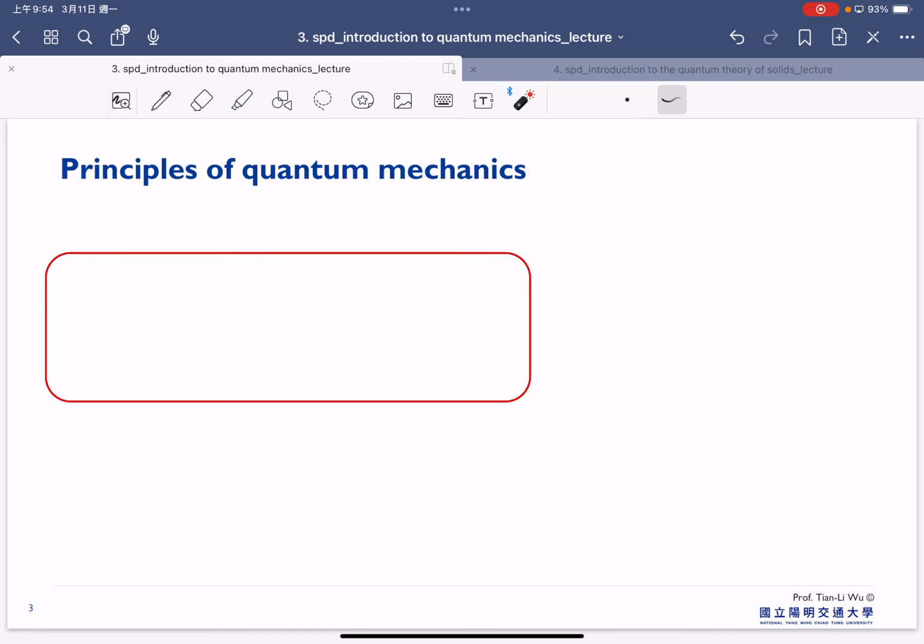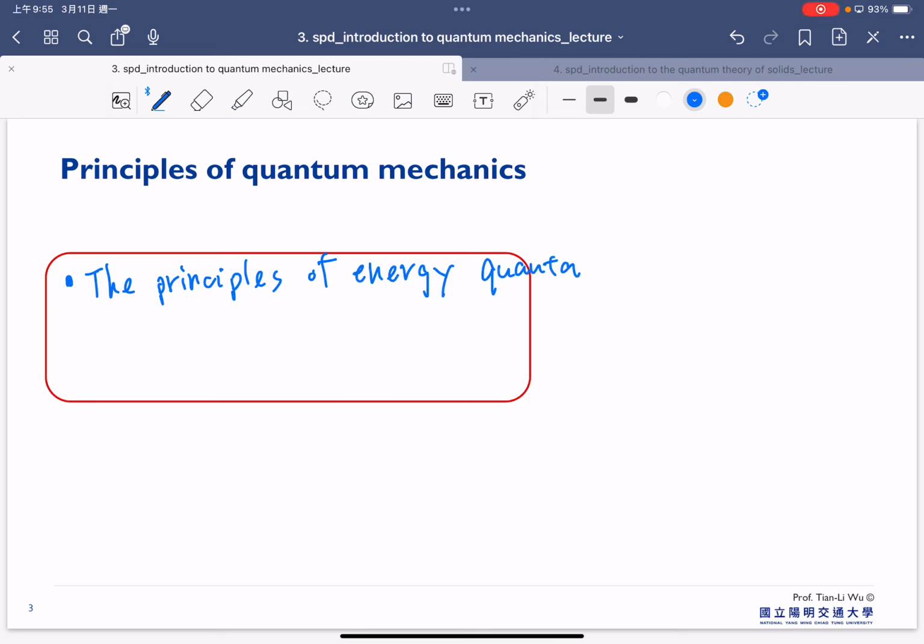The first one is the principle of the energy quantum. So this is the idea, like in the end, of course, we will explain later, but basically you will find out that the energy level is not continuous, it's discrete, so you can quantize the energy level.